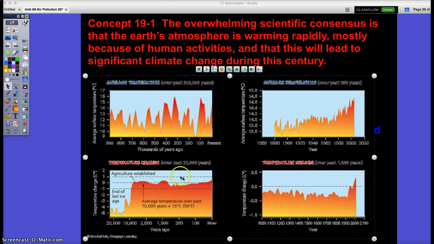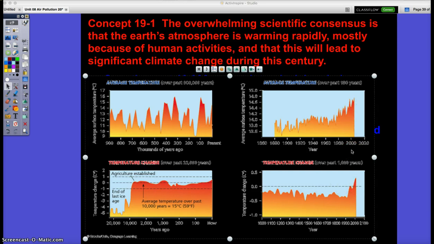But if you go here, here, or here, which is more towards current time, we see the periods of fluctuation up and down, because if I was going to describe Earth's temperature over time, it's fluctuating up and down. But look what's happened from the 1950s to 2000. We had a serious jump. There's still a fluctuation, but overall, if you look at the dotted line anywhere, we passed it.